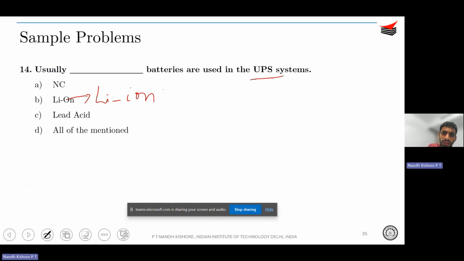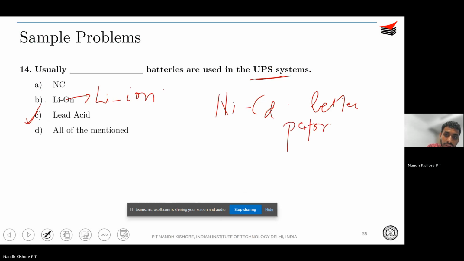In UPS systems, if you see commercial UPS systems, most of them use lead acid batteries. Although nickel cadmium batteries basically give better performance, they are way costlier, three to four times costlier than lead acid.